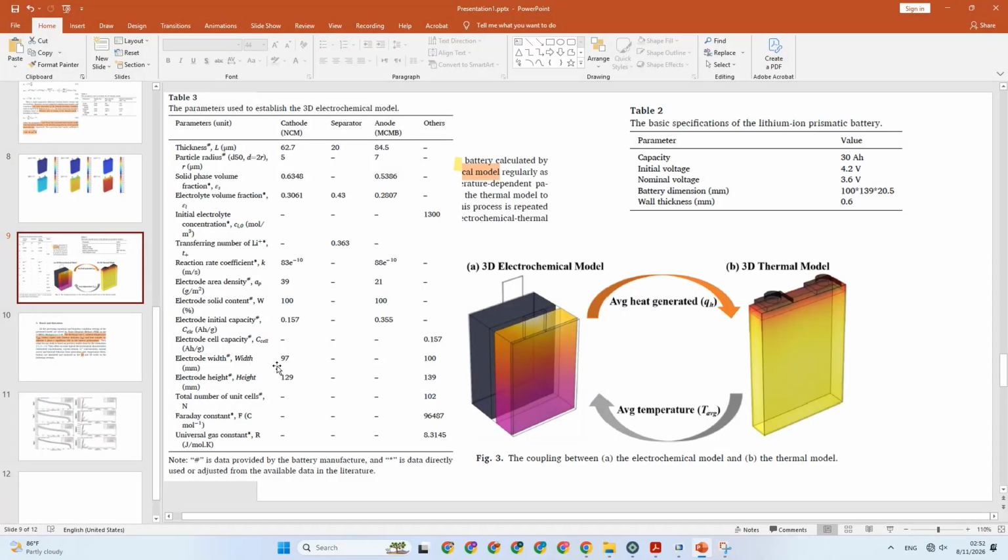We have this 97, height 129. This is for electrochemical, okay? 97 for width, height 129. I don't know, really, I don't know.